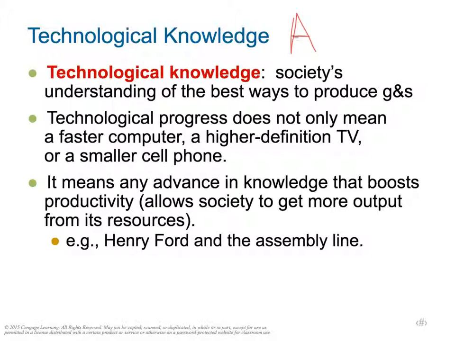And we will call this variable A, and that will be technological knowledge, and things that spur innovation. So an advance in knowledge that boosts productivity is anything that we would throw into this category. So where does that come from? There's the million-dollar question. We'd like to say human capital creates a lot of technological knowledge. And so again, it's a byproduct of some of these others, but when we actually go to measure it, we hold it constant.